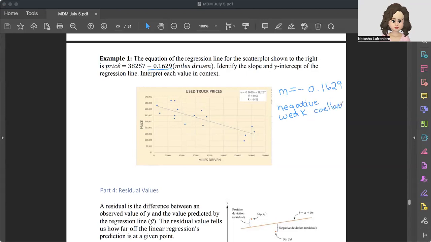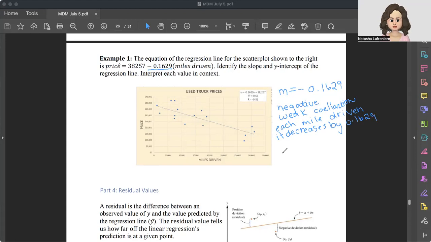Correlation. I'm just butchering this word. Anyways, you know what I mean. So it is also telling us that for each mile driven, it decreases by 629.